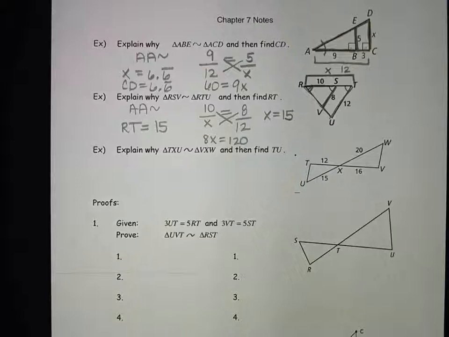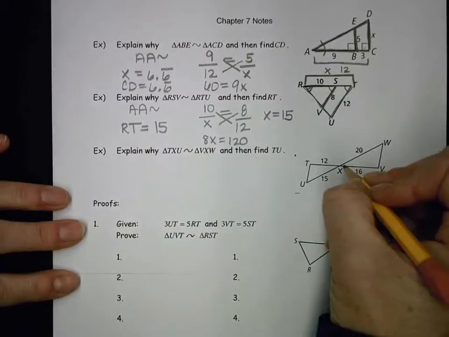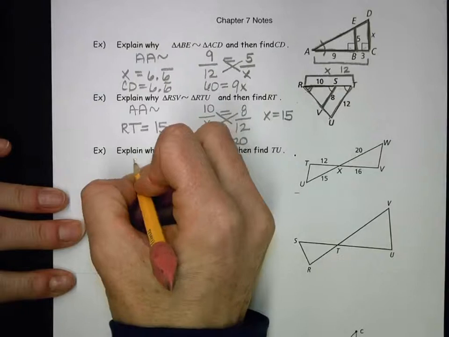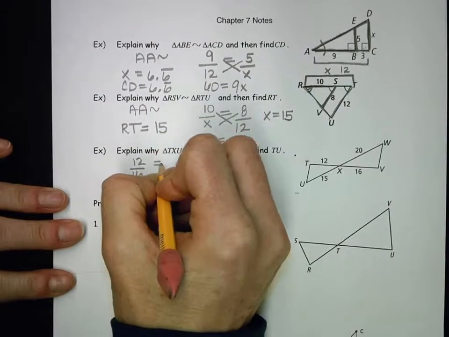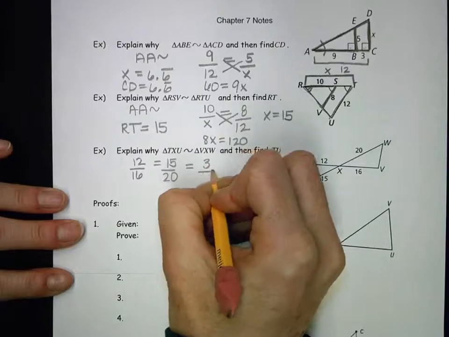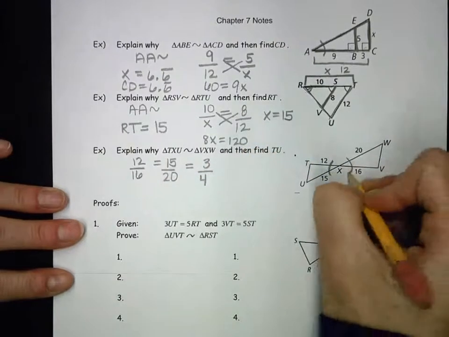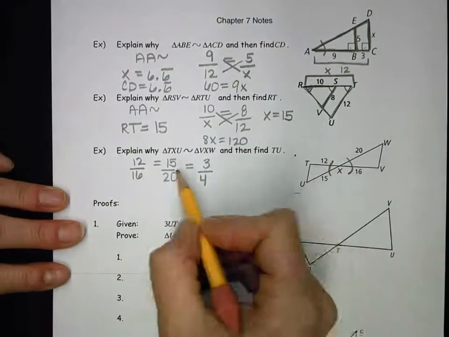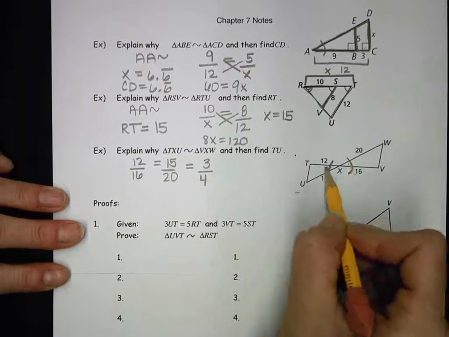On our next example, we have to find TU. And on this example, we know that the triangles are similar because we have congruent angles because of vertical angles.